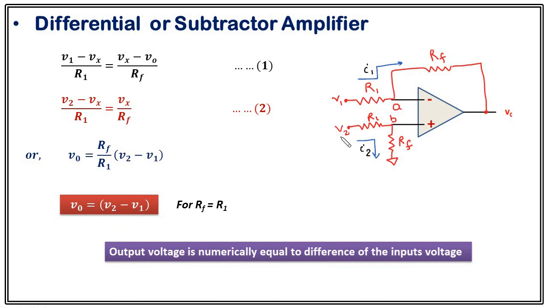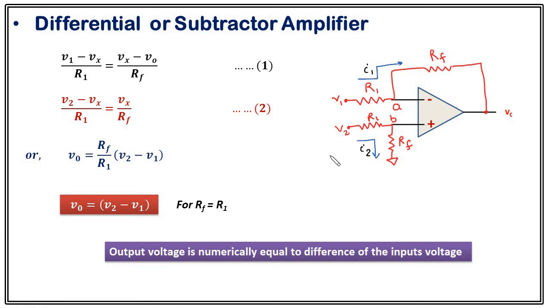So if you want to subtract one voltage from another, you need to connect those two voltages at the non-inverting and inverting terminals respectively. Here V2 is connected to the non-inverting terminal and V1 is connected to the inverting terminal. Therefore, their difference will appear at the output.